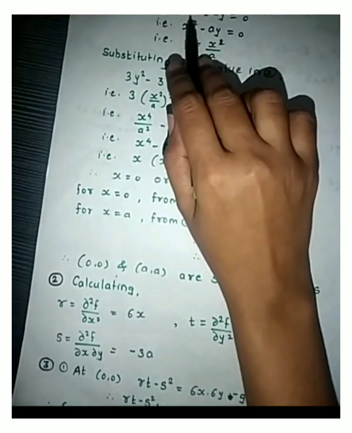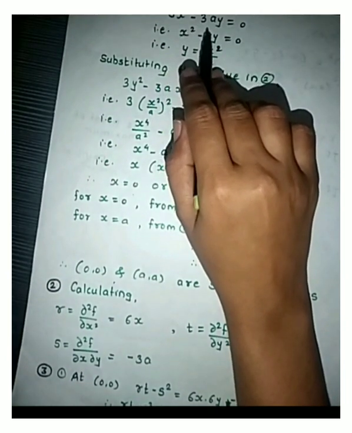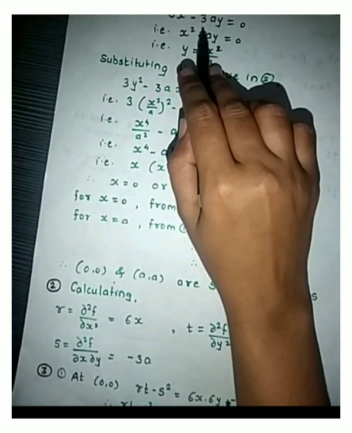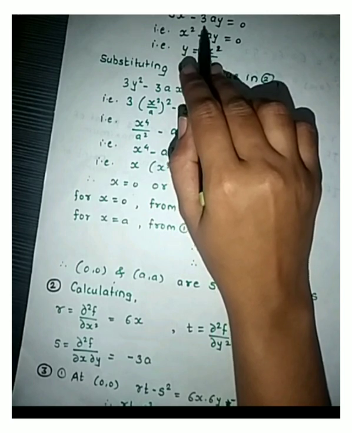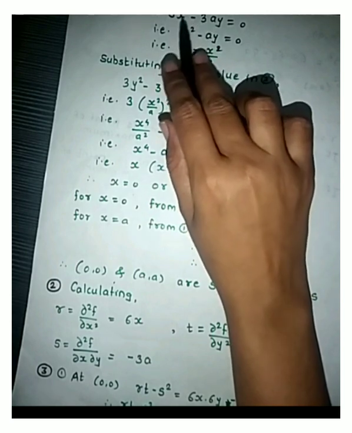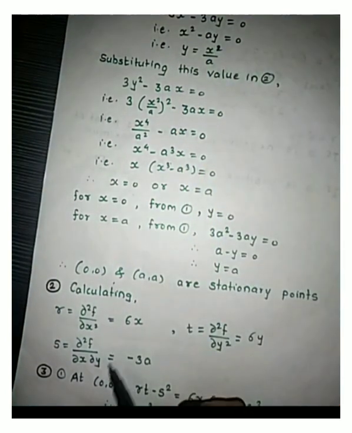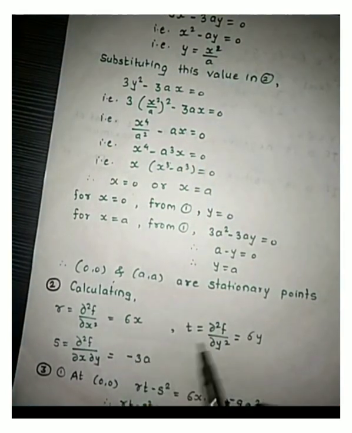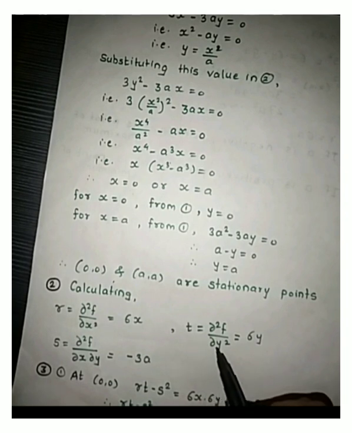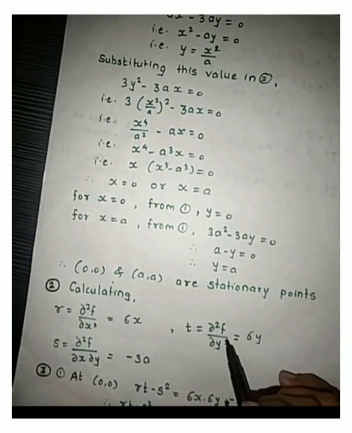Here our first partial derivative is 3x square minus 3ay. When we again differentiate it partially with respect to x, we get 6x, and the derivative of 3ay is 0. Therefore, it is 6x.